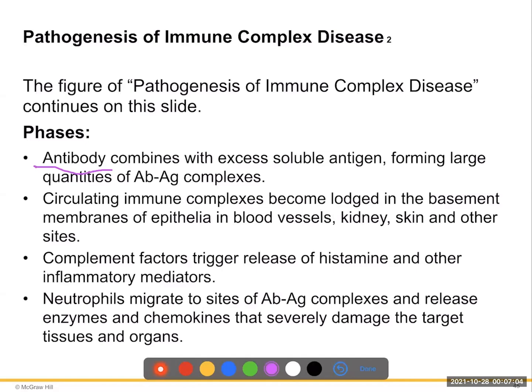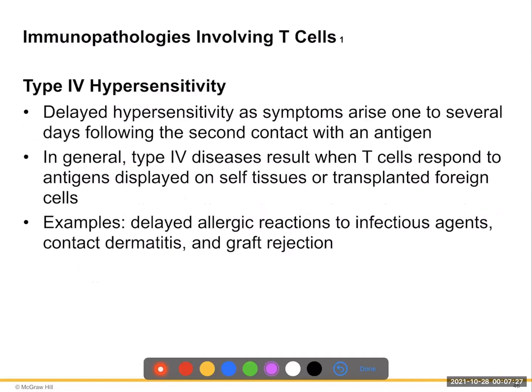Complement factor triggers release of histamine and other inflammatory mediators. So you get inflammation, like with rheumatoid arthritis, inflammation in the joints from these factors releasing histamine and the other inflammatory mediators. Neutrophils migrate to the site of this complex and release their enzymes and chemokines that really damage the target tissue and organs. That's a damaging effect of this reaction.